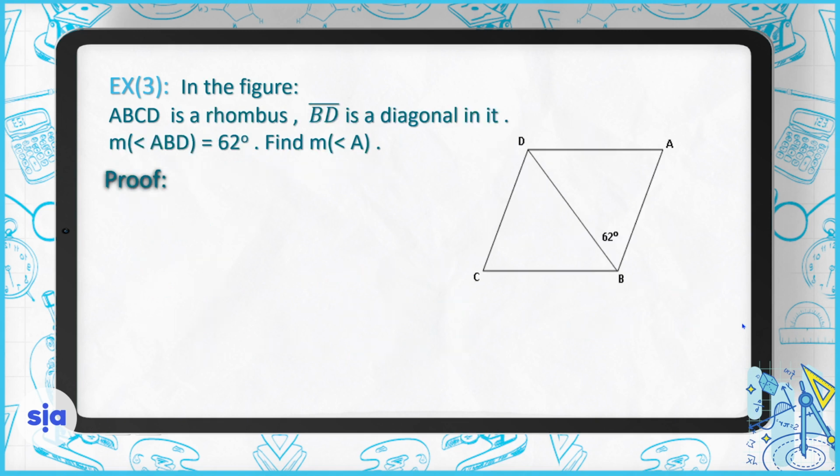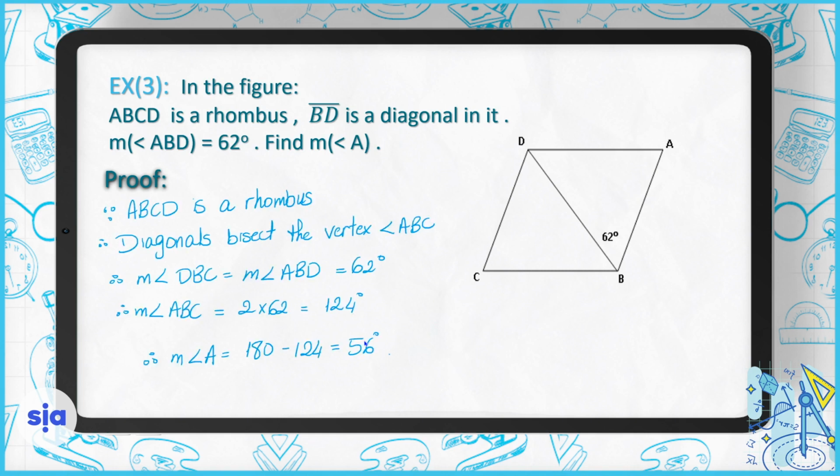Let's now go to exercise number 3. In the figure at right, ABCD is a rhombus, where segment BD is a diagonal in it, and the measure of angle ABD is 62 degrees. The question wants me to find the measure of angle A. Since ABCD is a rhombus, therefore the diagonals bisect the vertex, which is the angle ABC.